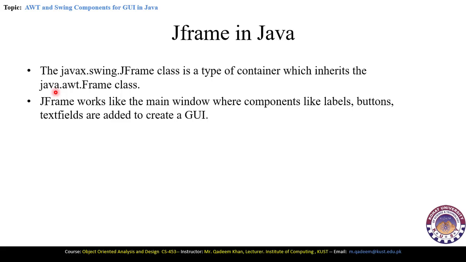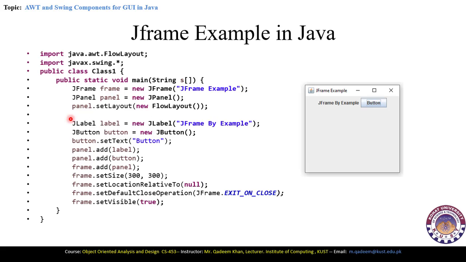So Java is the top level class, AWT is the subclass of Java, and Frame is the final leaf class of Java and AWT. So JFrame works like a main window where components like labels, buttons, text fields are added to create the GUI.